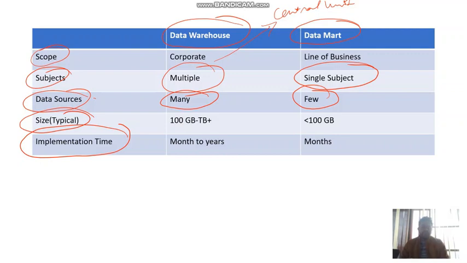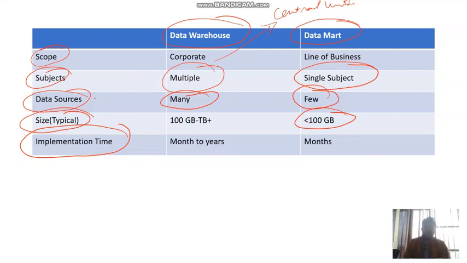Then what is the size of a data warehouse? A data warehouse typically varies from GB to terabytes, petabytes, even zettabytes of data. Whereas a data mart has less than 100 GB of data, not more than that.